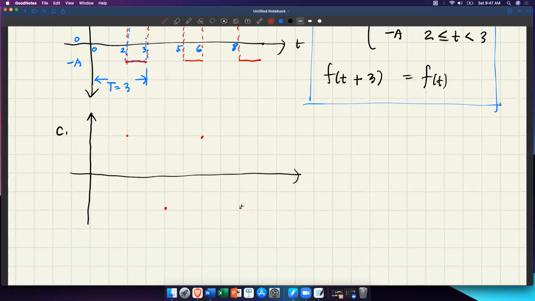These are the amplitudes of the sinusoidal function. I hope I'm doing it right. Then I will trace the function here. This is my sinusoidal function. A sinusoidal function is actually a function of sine or cosine.